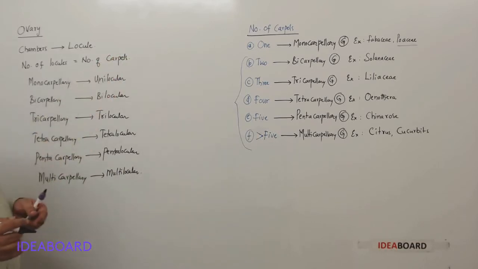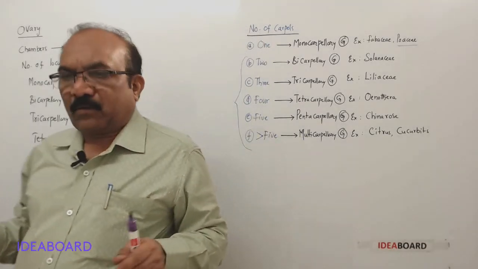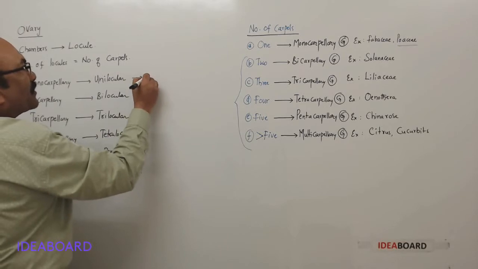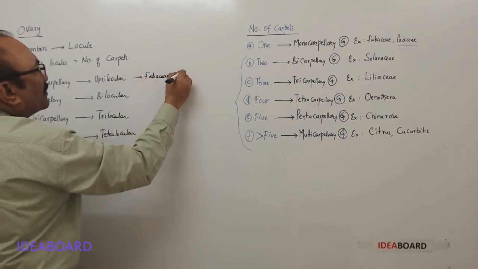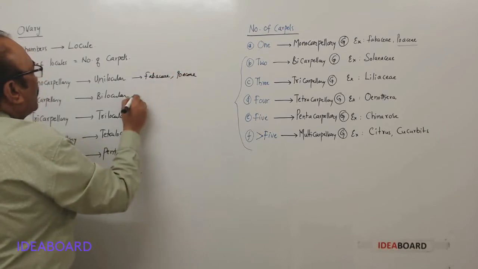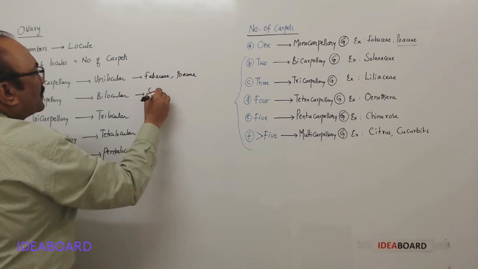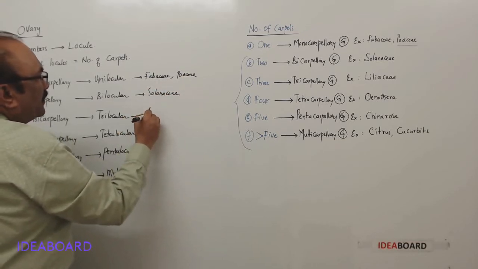And the same examples we can take from here: monocarpellary, unilocular, you will find in Fabaceae and Poaceae. Bicarpellary, bilocular, you will find in Solanaceae. Trilocular in Liliaceae.